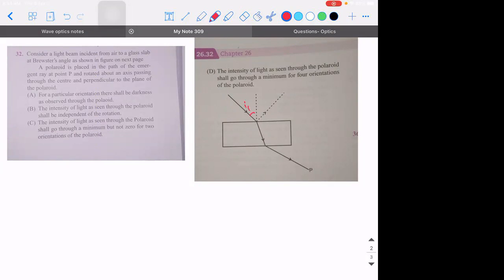So the angle of incidence is i_p. Here also the angle of reflection will be i_p. A Polaroid is placed in the path of the emergent ray at point P, and is rotated about an axis passing through the center and perpendicular to the plane of the Polaroid.